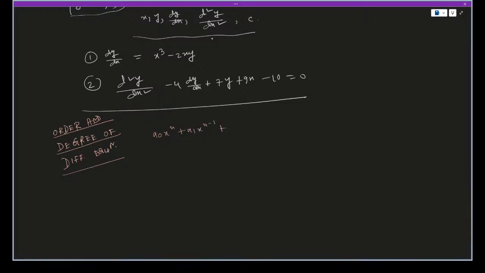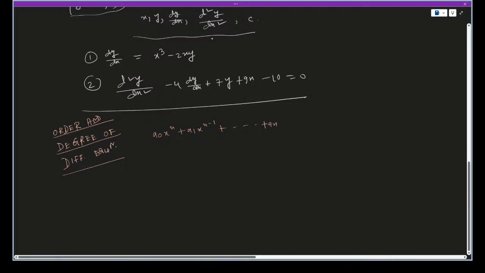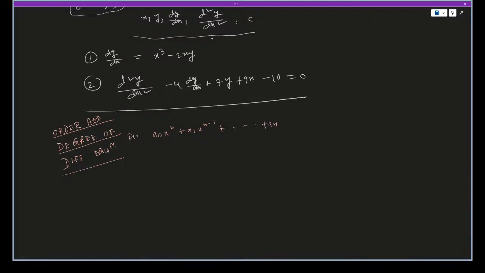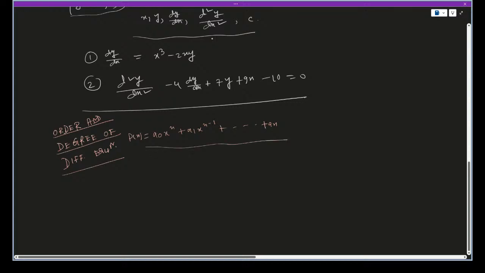You have seen this kind of thing. If you can express a differential equation in the form of a polynomial, then you can state its order and degree both. Order can be stated even if it is not expressed in polynomial form. But for degree, remember, equations should be expressed in the form of a polynomial.